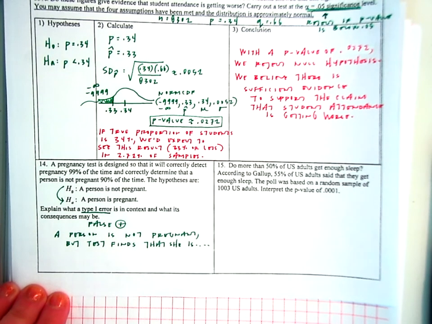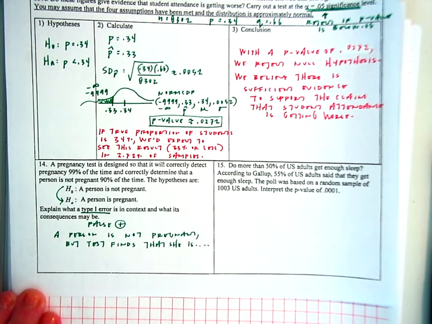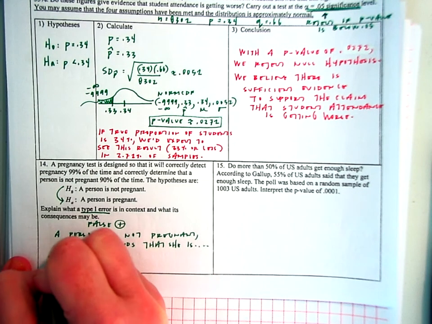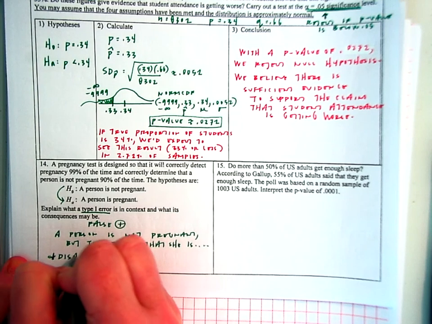Okay, so what would be a consequence? Well, probably just disappointment. If someone is planning or trying to get pregnant and they're finding out that they're going to be in for a big wake-up call in the long run when they find out that they're actually not, right? So this will be disappointment when they find out that they're actually not pregnant.